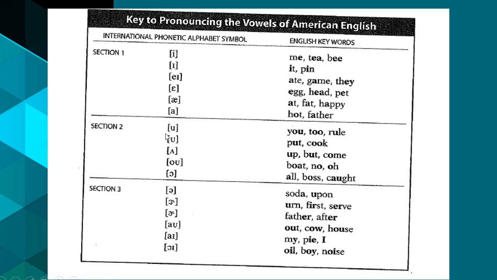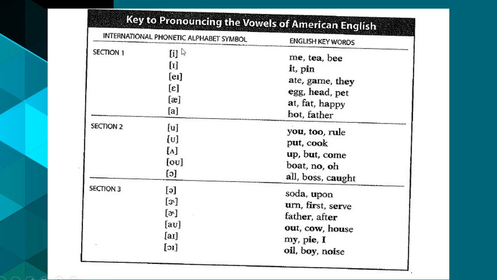The next says you, to, rule, put, cook, up, but, come, boat, no, all, boss, caught, soda, upon, earn, first, serve, father, after, out, cow, house, my, pie, oil, boy, noise.